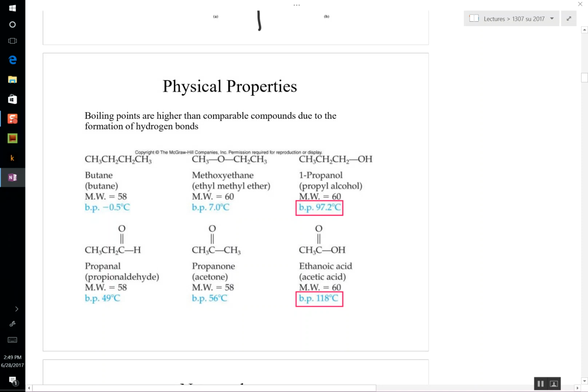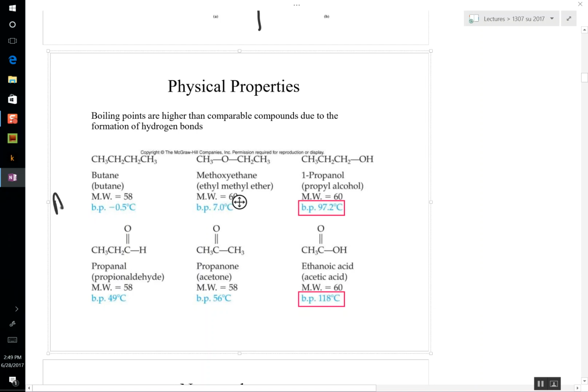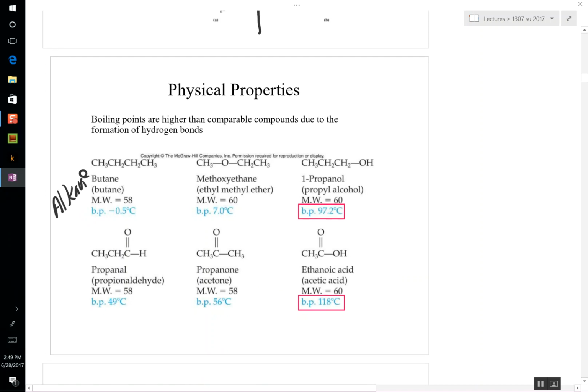You expected this, right? Boiling points. As soon as I talk about polarity of molecules, I'm going to mention some boiling points. Before we look at the boiling points, we're trying to gather up molecules that are about the same molecular weight. Here's an alkane. There's the ether, but don't worry too much about the ether.